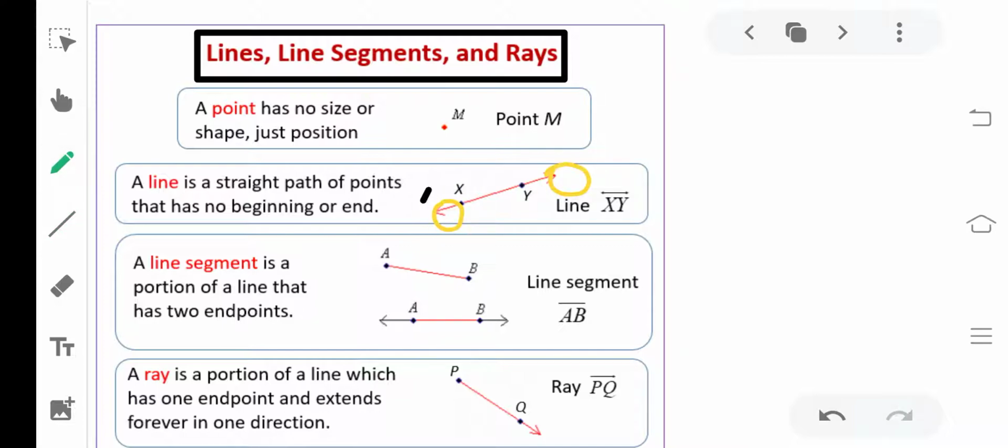It can go and go and go, means it doesn't stop. Okay, see in this figure the line named x and y is given here. The line xy is in the figure. It can be known as xy also. See, this is the line xy from which you can understand the name of the line.